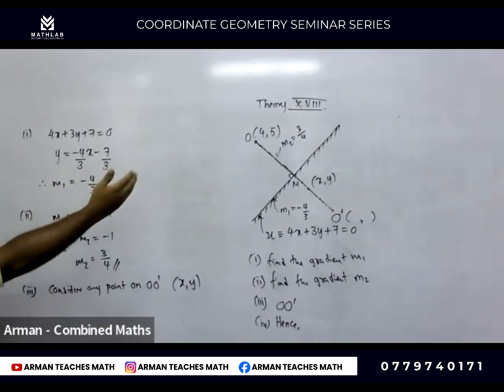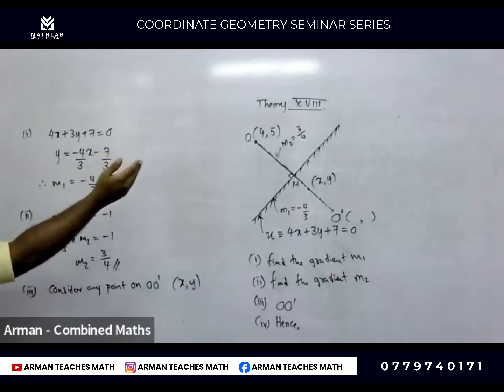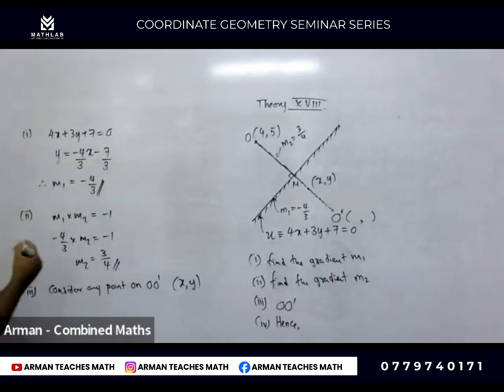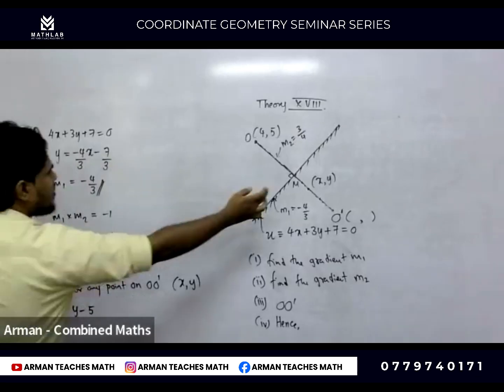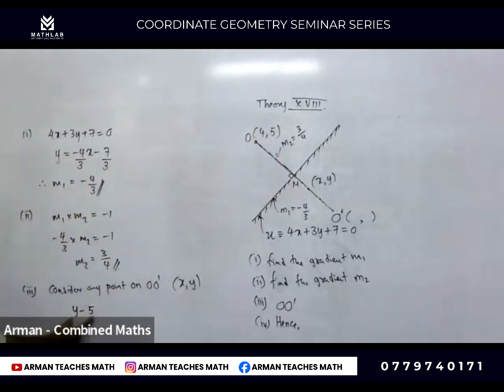Now using that general coordinate and the known coordinate, we can write the gradient. No? What's the gradient? A difference of y coordinates. Capital O point is on the OO dash straight line segment. So I'm taking this general coordinate and this coordinate. So difference of y coordinates divided by difference of x coordinates, x -4, is equals to the gradient of OO dash straight line segment, 3/4, which is M2.